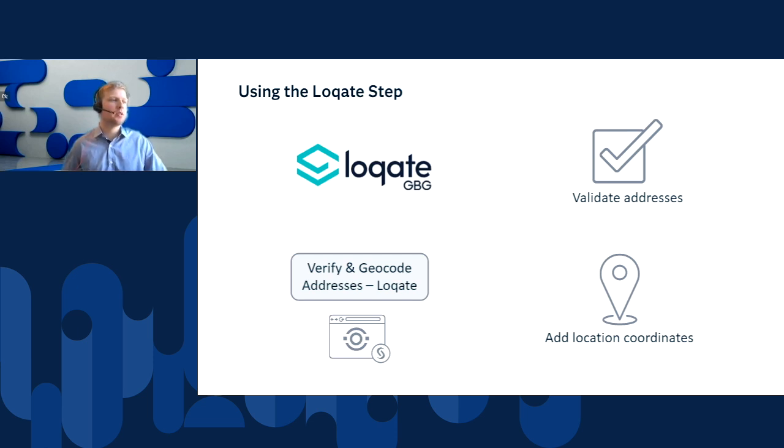But for our purpose, I'm more interested in that second one, that add location coordinates, which is where we go one step further. We're not just determining whether or not something is a valid address, but we're returning the latitude and longitude coordinates of it so that we can plot it on a map.